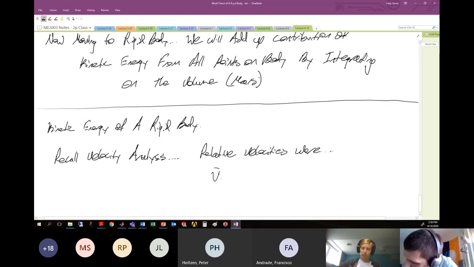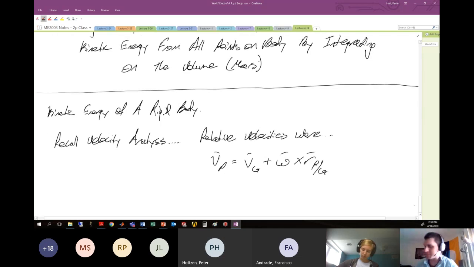Something like the velocity of some point P is equal to the velocity of some other point, let's call it G, plus the angular velocity of the body crossed with the position vector that locates P from G. Here, obviously, this is the velocity of some arbitrary point.